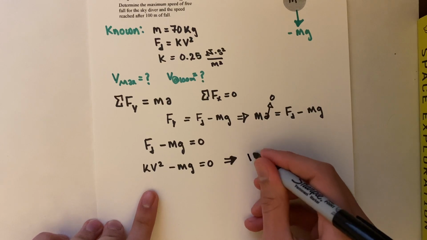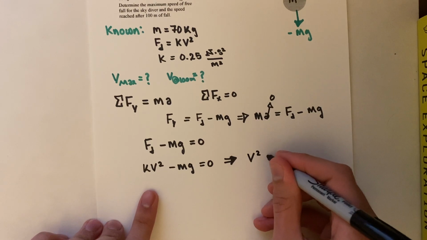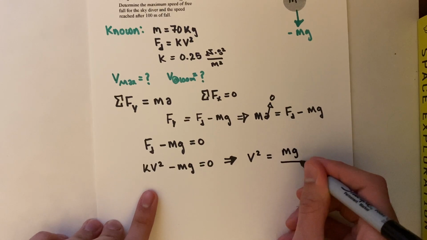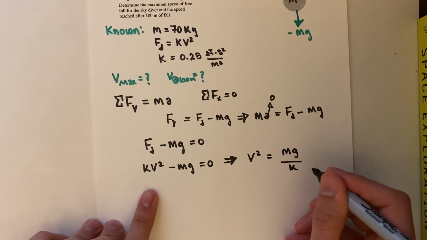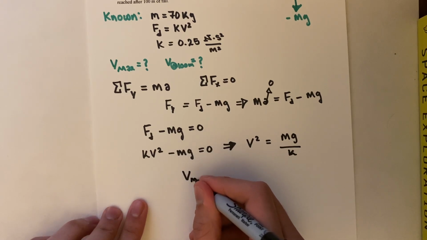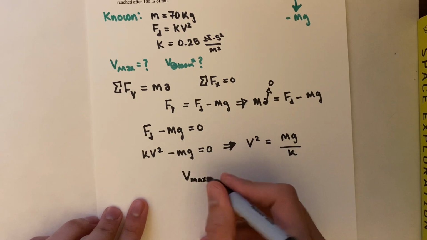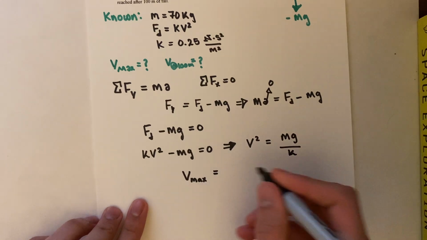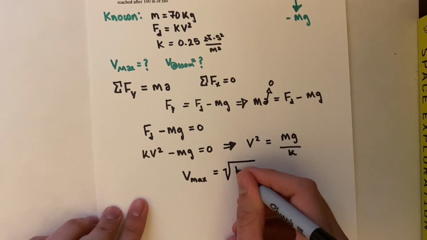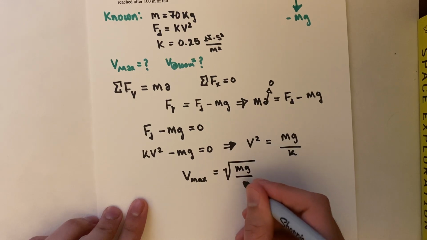In this case, we'd get v squared is equal to mg over k, and we'd be left with v max is equal to square root of mg over k.